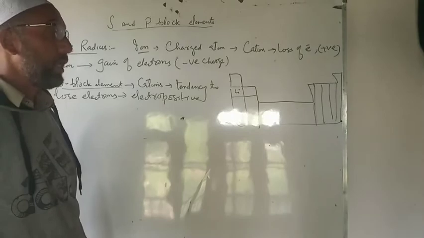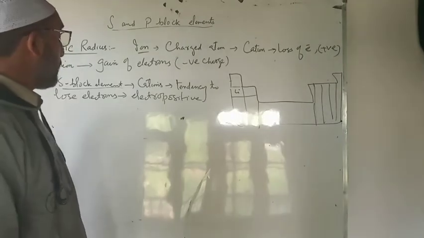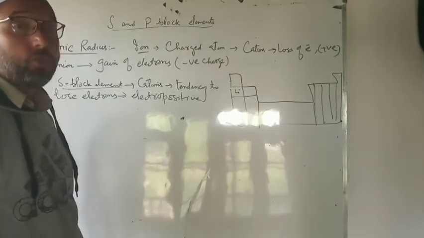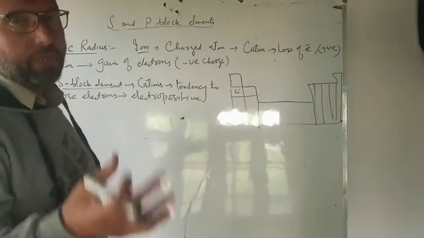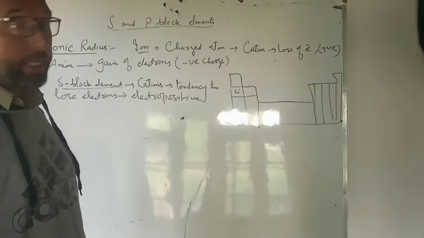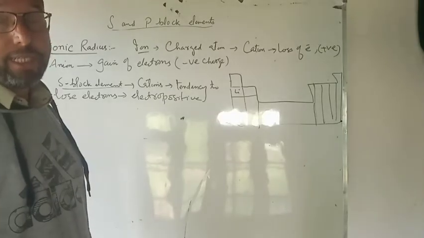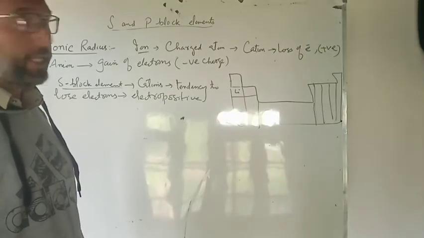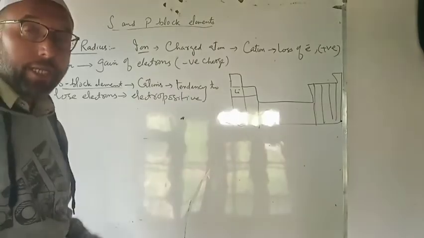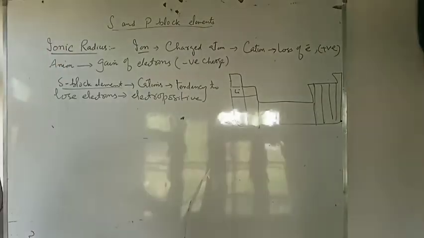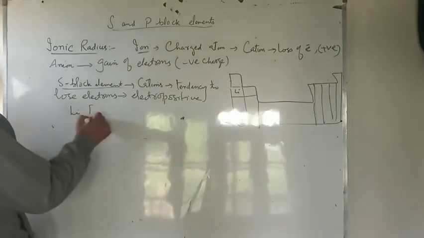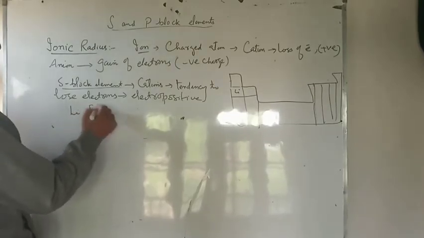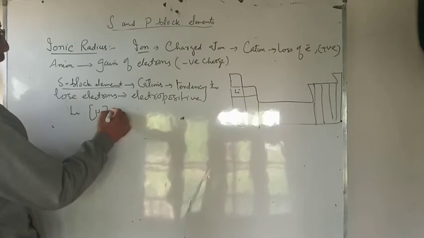We have to understand why these elements have a tendency to lose the electron. They lose the electron simply by being given a small amount of energy, and that energy we know is called ionization energy or ionization enthalpy. So why do they have a tendency to lose the electron? Suppose we take the example of lithium atom. We know lithium has the electronic configuration of helium and 2s1.